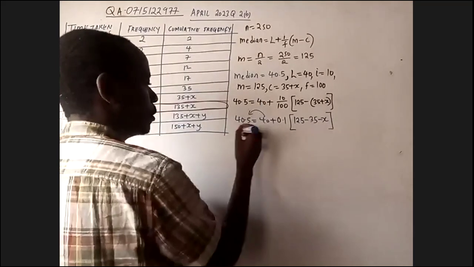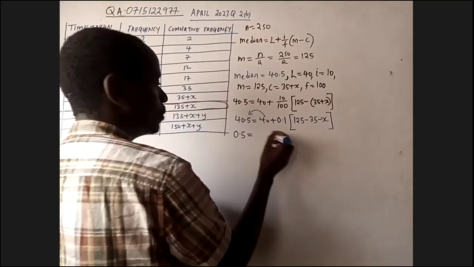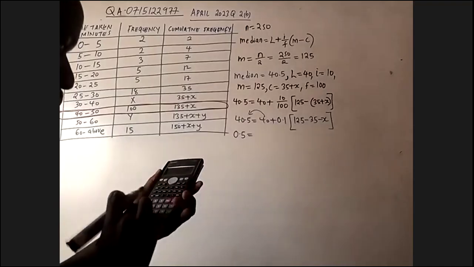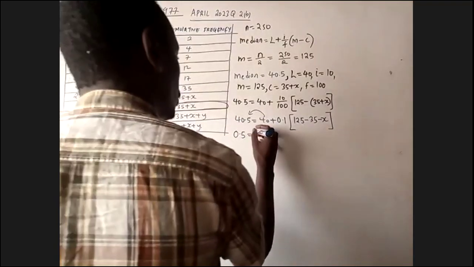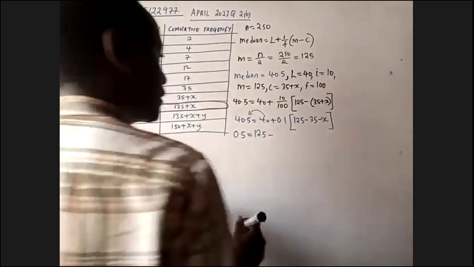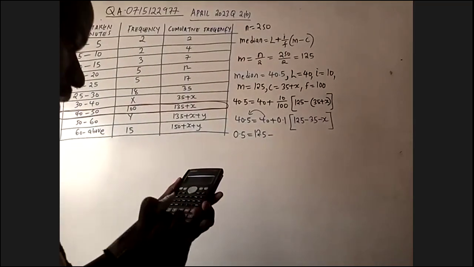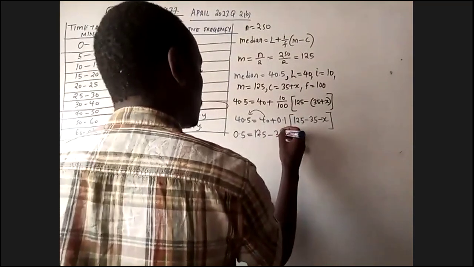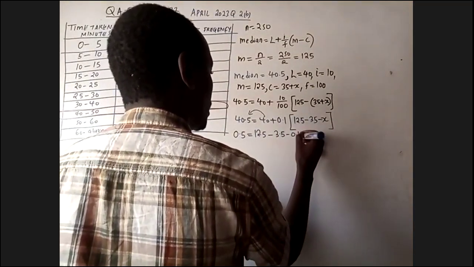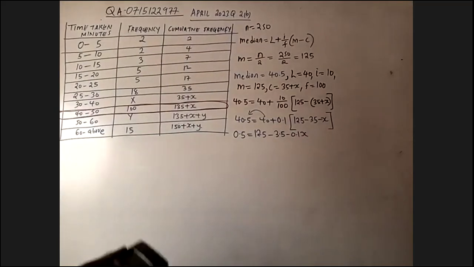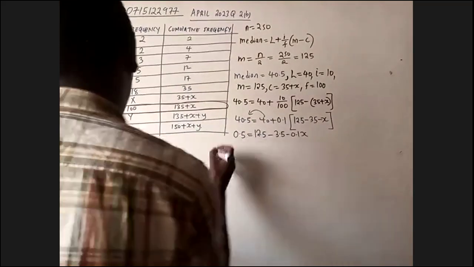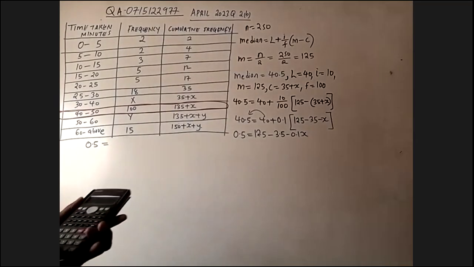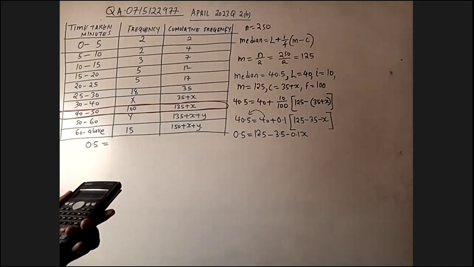So it comes out as 0.5 is equal to... Now let's open this bracket: 0.1 times 125 is 12.5, minus 0.1 times 35 is 3.5, minus 0.1x.